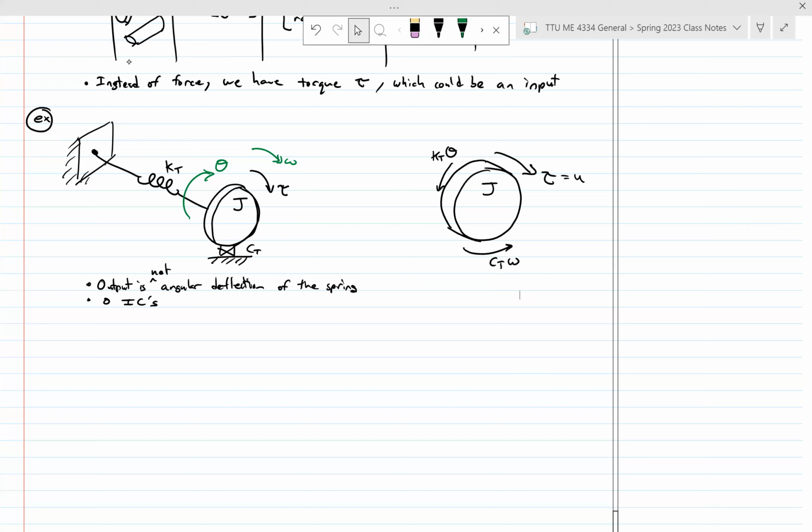Are we all good? Okay. What do we want to do next? Equilibrium? Sum of the forces in each direction equals what?